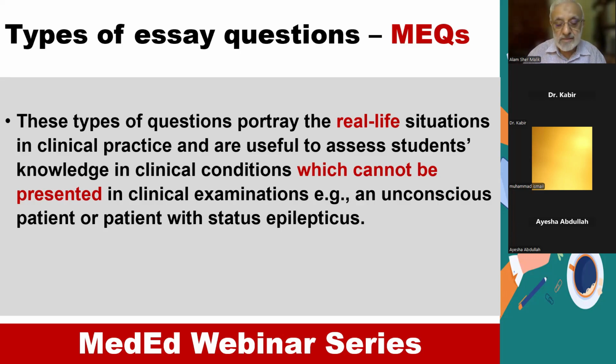So this is one strength: clinical cases which we cannot examine, either because patients are too sick or the conditions are relatively rare, but they are very important and we must assess them. They cannot be assessed in the long case or short case, so the modified essay question is the best format to assess those kinds of conditions.